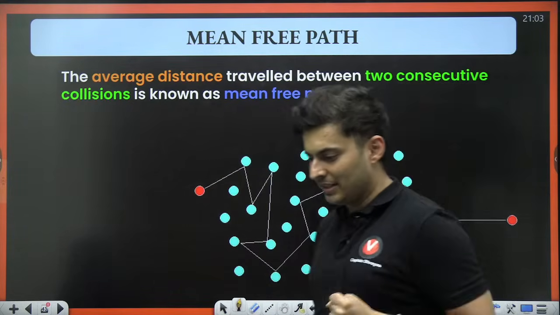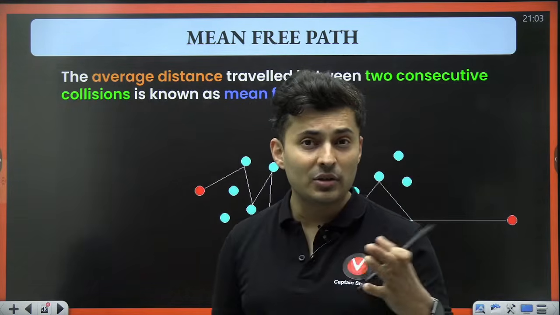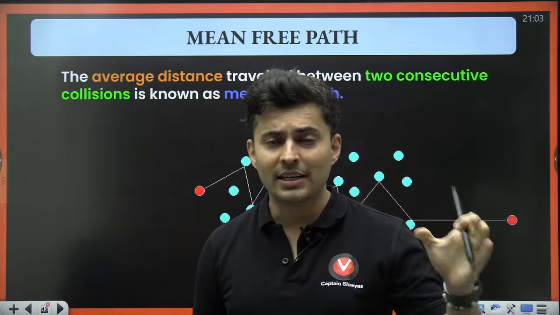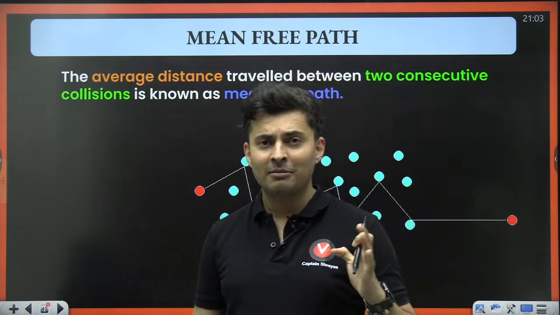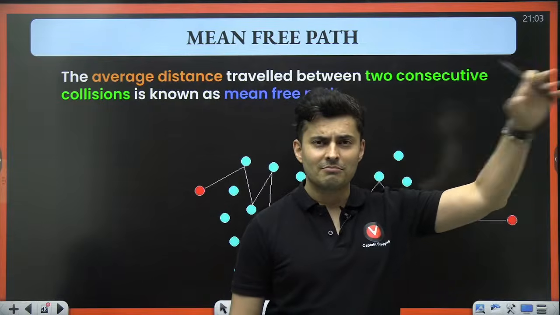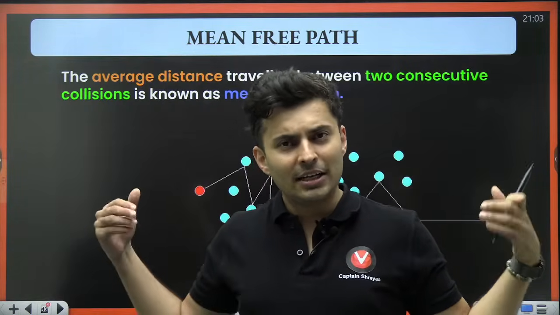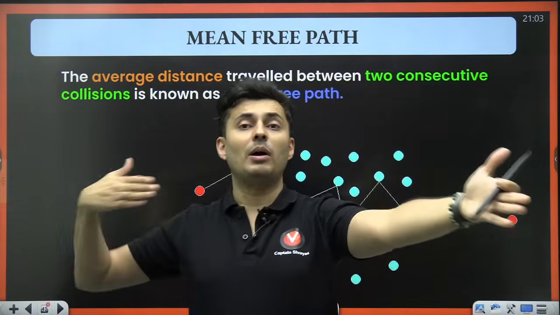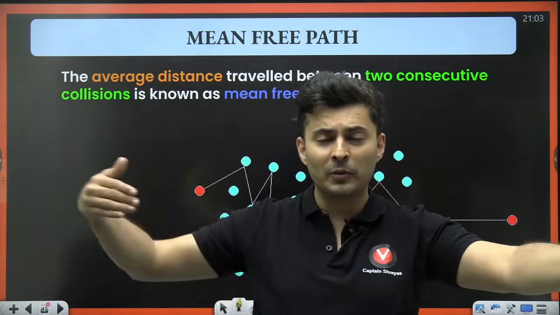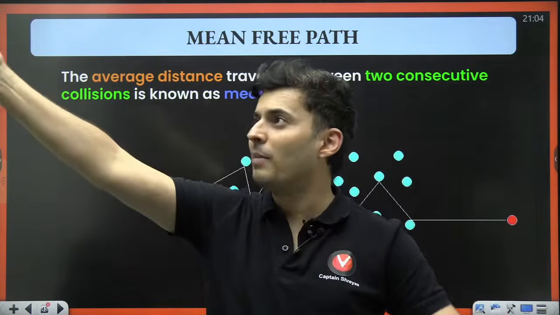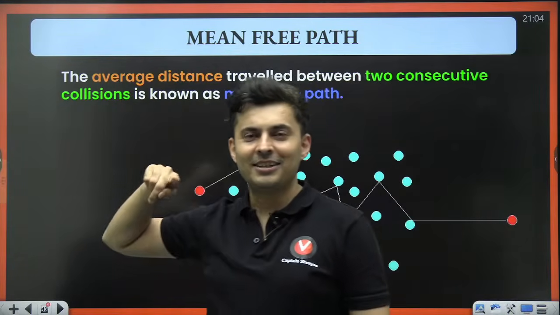Mean free path. Remember that example of students on the playground? They were running around like mad monkeys, right? The PT master came and told them to run. You run here, you run there, everybody is moving randomly. And they also collide with each other, and with the boundary of the stadium or playground. Once they collide, they go back and keep colliding with each other.